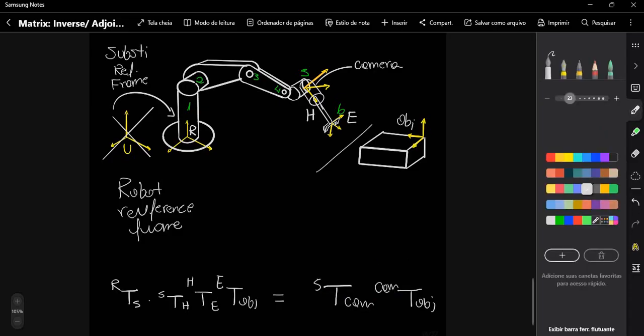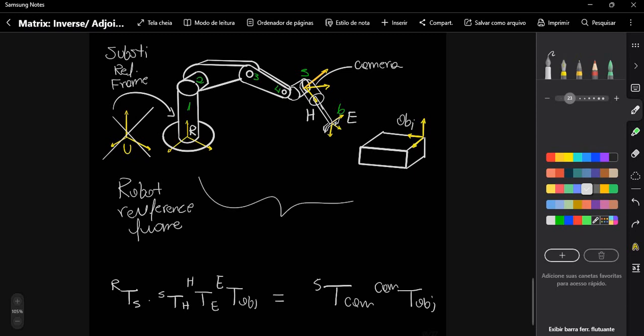So again, as this object is separated from the robot, it is two rigid bodies, and we have to write an equation for the whole system.